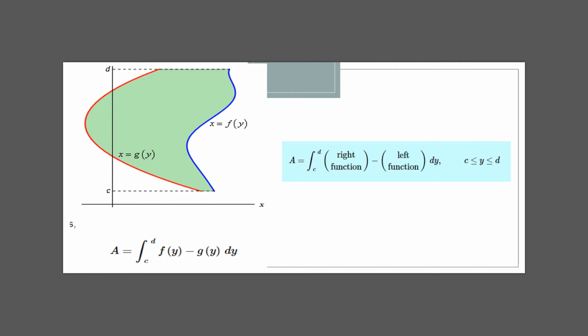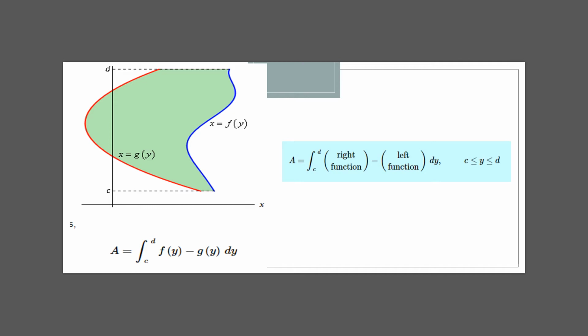Suppose I have two curves like this, where x is f of y and x is g of y. Then this shaded region will be the area of the integral, which is my right function first minus the left function, that is the blue one minus the red one.